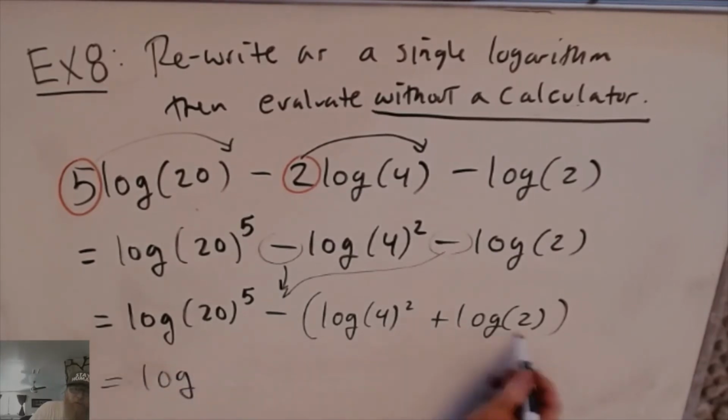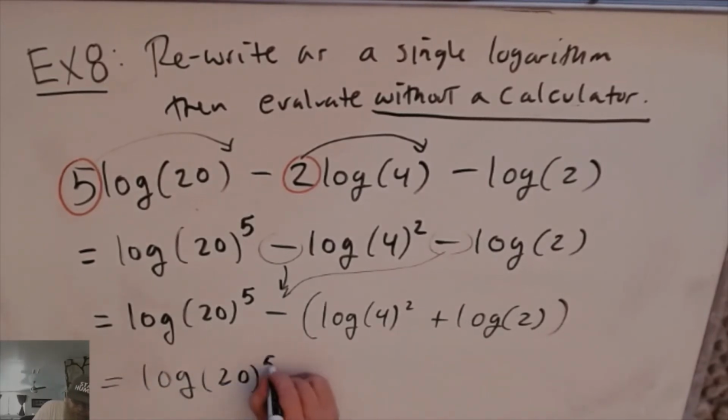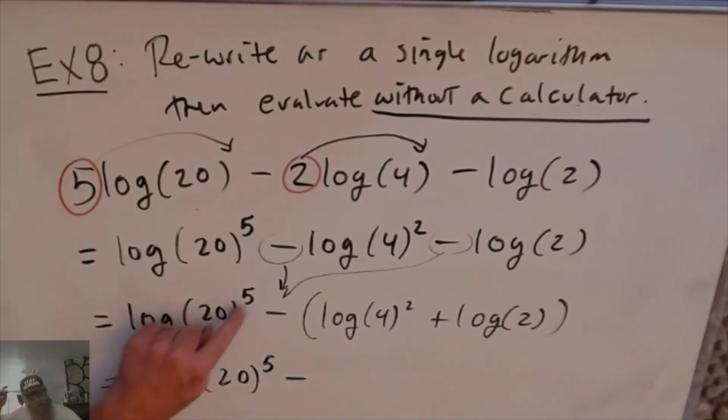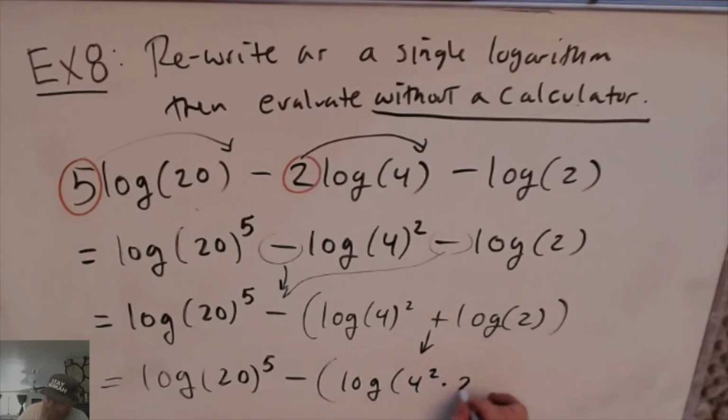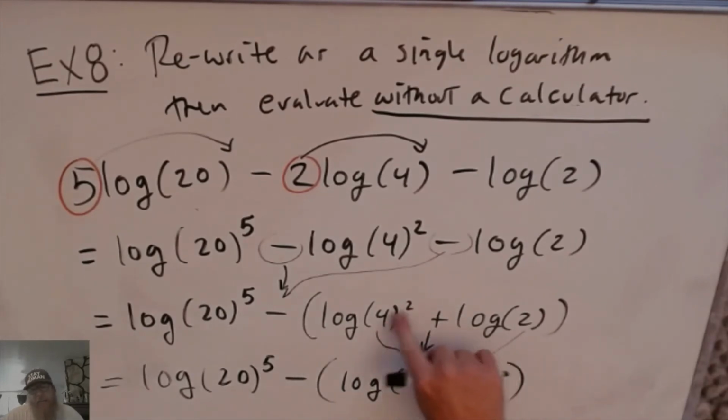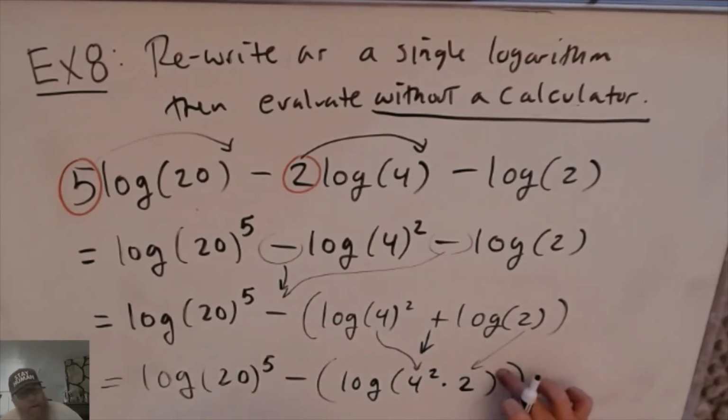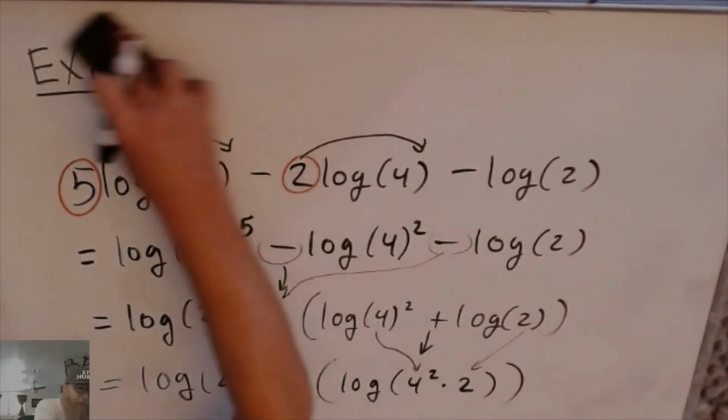So first I'm going to do what's inside the parentheses. Notice that 20 to the 5th is a very big number, so I'm not actually going to do it. I'm just going to write it as 20 to the 5th. Now I'm going to write this as a product, log of 4 squared times 2. Now I have to fold the exponent inside because it's being squared. I don't want to put the squared on the outside because that would be misleading. The directions would be lost.